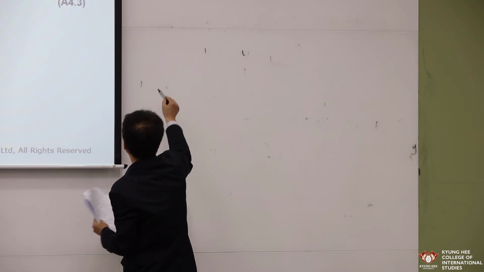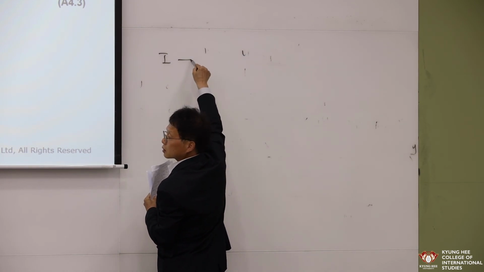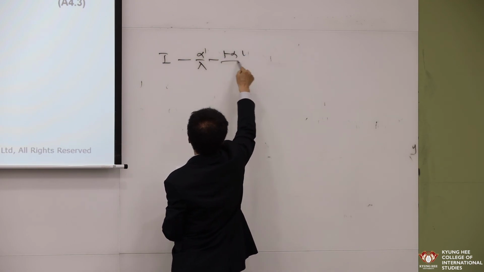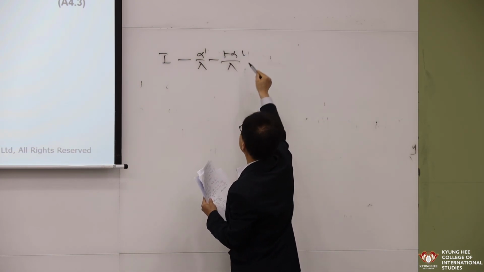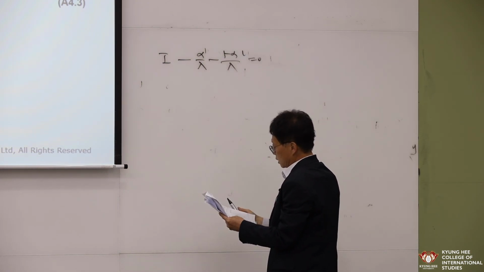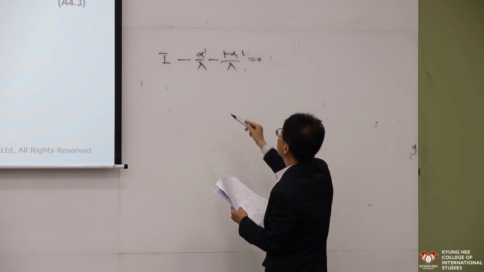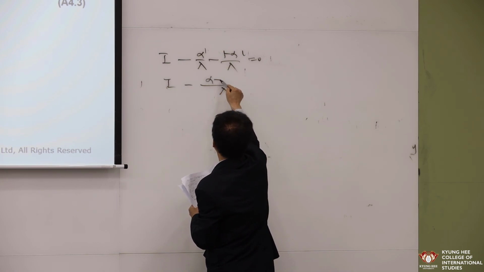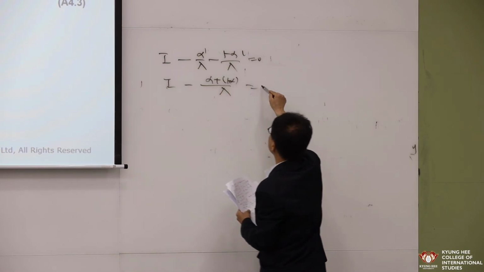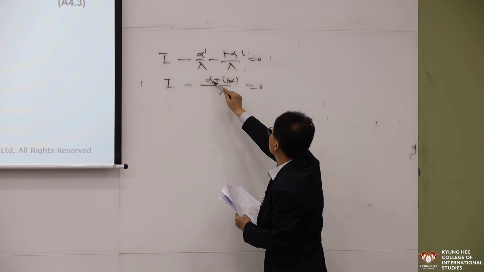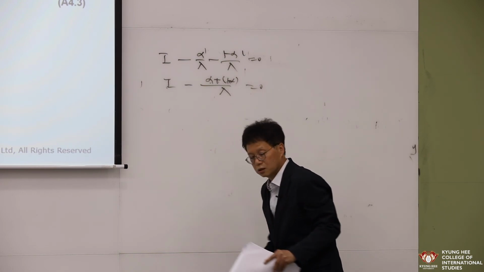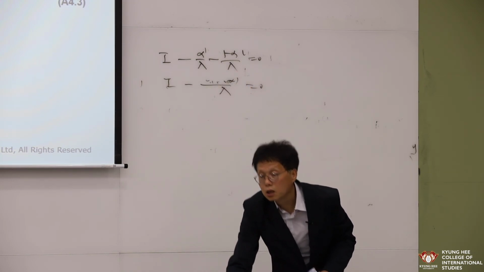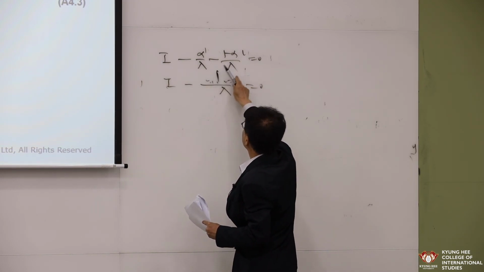So I minus alpha over lambda minus 1 minus alpha over lambda should be equal to 0. That means I minus the quantity alpha plus 1 minus alpha over lambda is equal to 0. Alpha plus 1 minus alpha is simply 1.